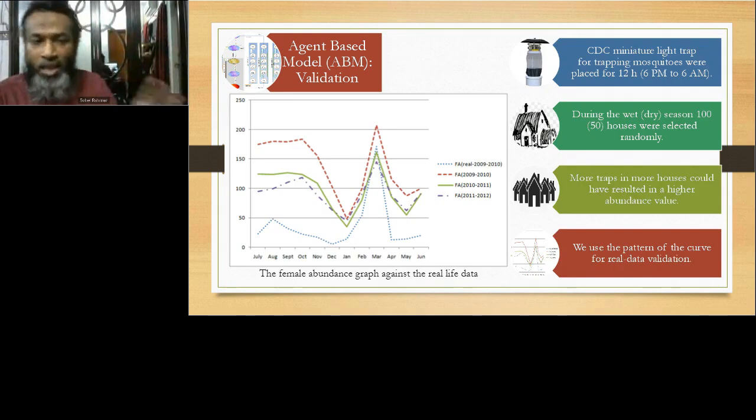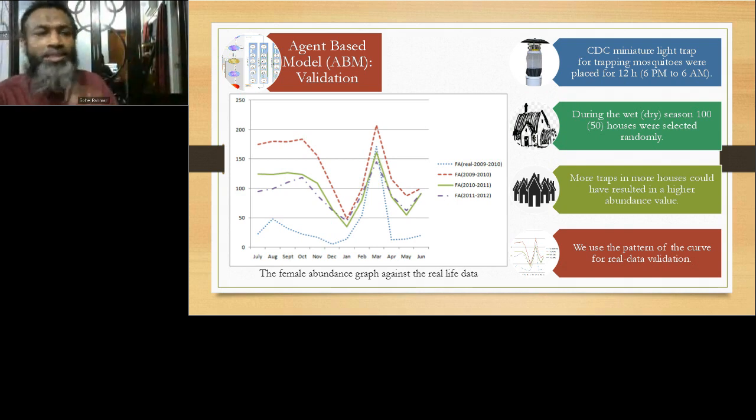And as I was mentioning, we actually tried to match the pattern. Why? Because the ICDDRB folks used CDC miniature traps, and depending on how many traps were used and how many houses were engaged, the count could be higher or lower and so on.